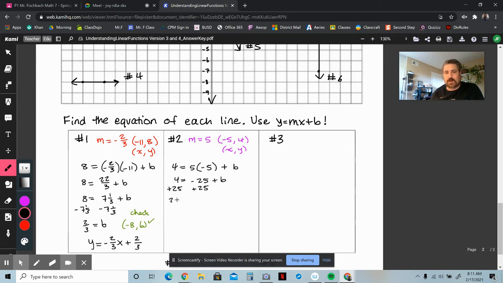You guys are going to get 29 is equal to b. And like we said, very high positive value for the y-intercept. And I thought it'd be more than 20, and I was right. So yeah, 29. All right, cool. So we know the equation then for this one's going to be y is equal to 5x plus 29. It crosses the y-axis at 29 and goes up 5 to the right 1. All right, that is our universal equation of the line in slope intercept form.